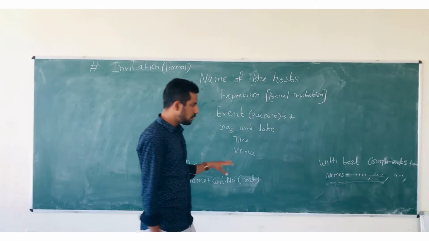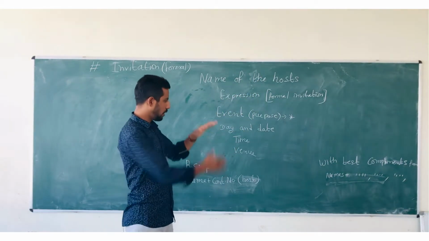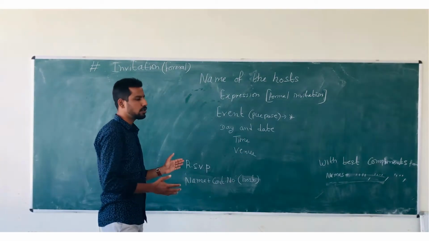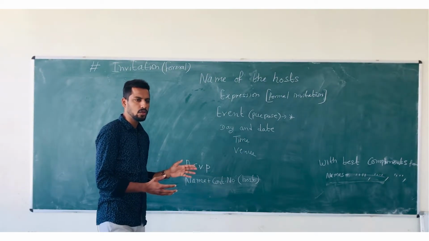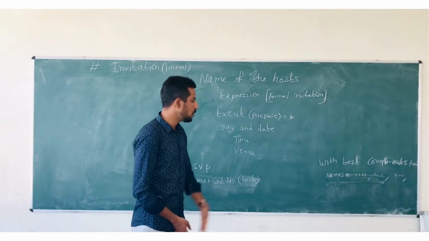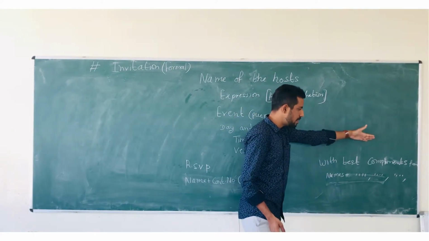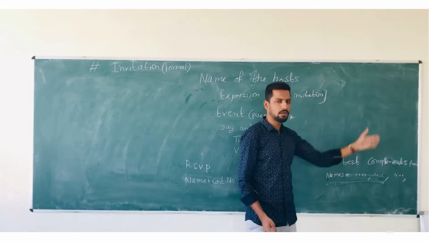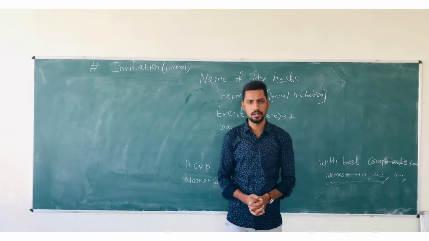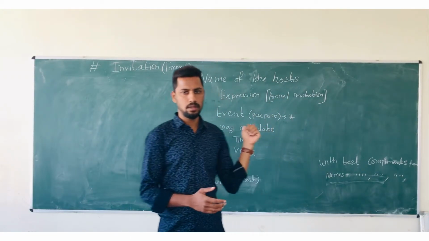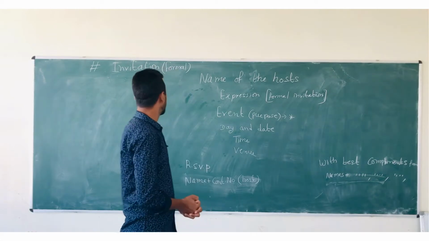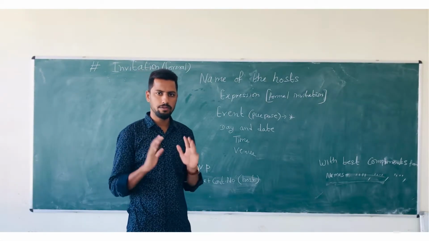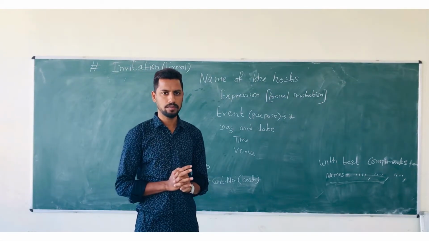This is enough because it's the complete format of the formal invitation. But if you want to include more names of the family, you can write "with best compliments from" and the names of the people that you want to include in it. So that's the format of the formal invitation.